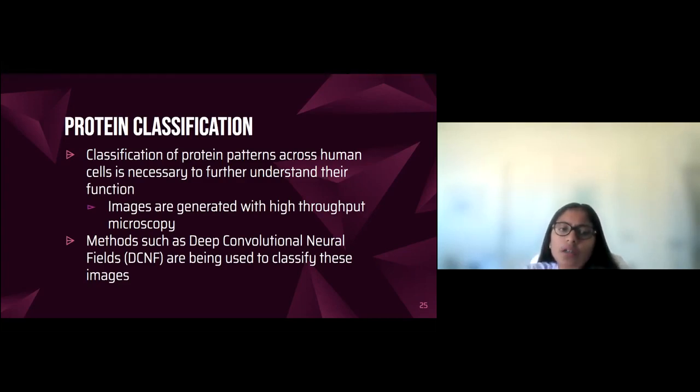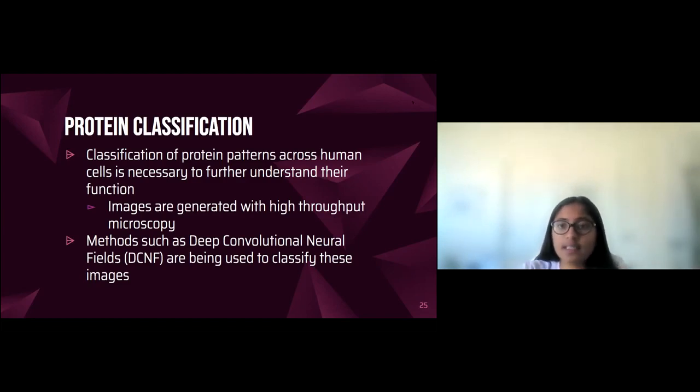And another application of AI to proteomics is in protein classification. This is a bit similar to protein structure prediction in that we're trying to classify protein patterns. Instead of trying to predict the structure, we're just trying to group proteins based on their patterns.